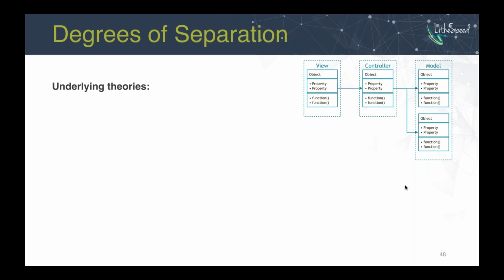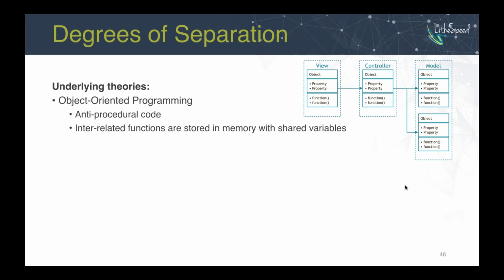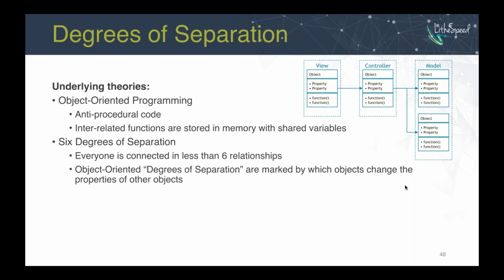And so to understand this idea of degrees of separation, we first have to understand object-oriented programming. So this idea that we have different objects that are talking to each other and all the variables and stuff are related. We also have to understand this idea of 6 degrees of separation. This was a term that was coined by a play. There was an experiment around this. There's this idea that all people in the world are only connected by 6 degrees of separation.